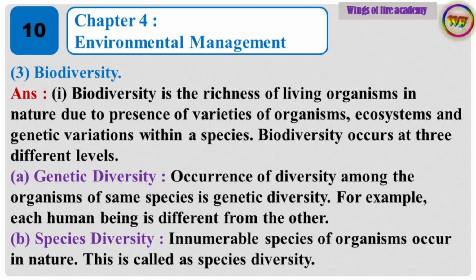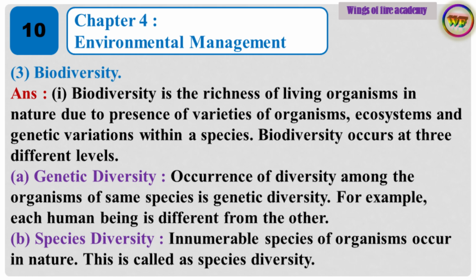Sub-question 3. Biodiversity. Answer. Point 1. Biodiversity is the richness of living organisms in nature due to the presence of varieties of organisms, ecosystems and genetic variations within a species. Biodiversity occurs at 3 different levels.